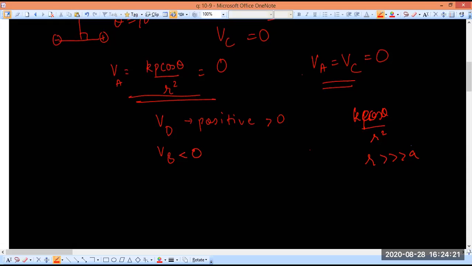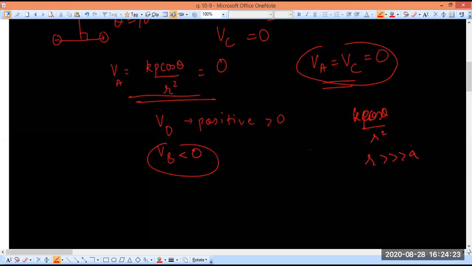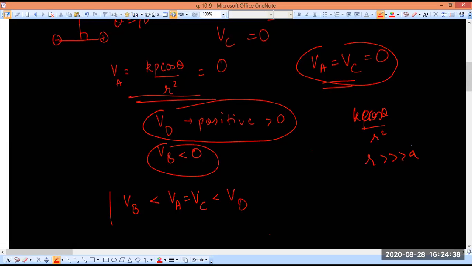Both of these are 0, VB is less than 0 and VD is greater than 0. So that's why negative comes first in increasing order. So VB, then VA, which is equal to VC, and then VD. This is the correct answer.